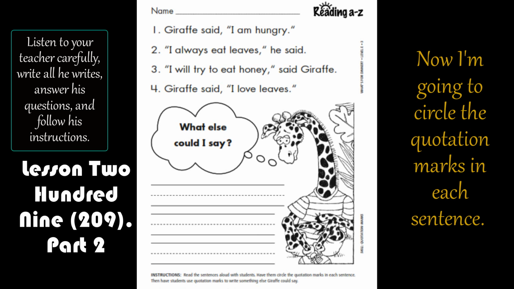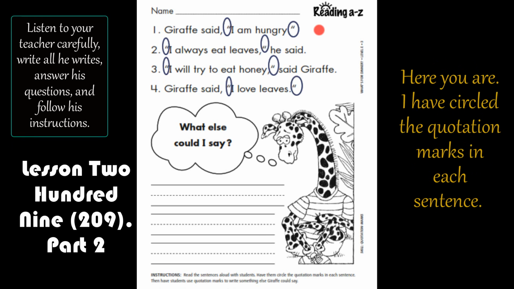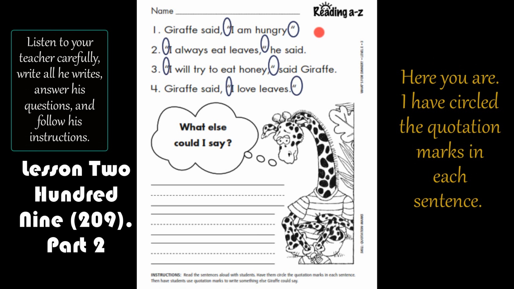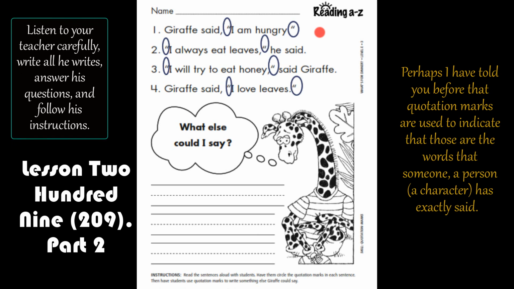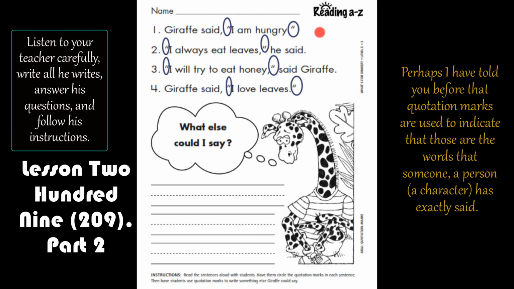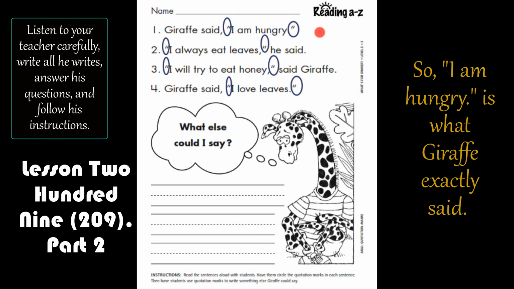Now I'm going to circle the quotation marks in each sentence. Here you are. I have circled the quotation marks in each sentence. Perhaps I have told you before that quotation marks are used to indicate that those are the words that someone, a person, a character has exactly said.